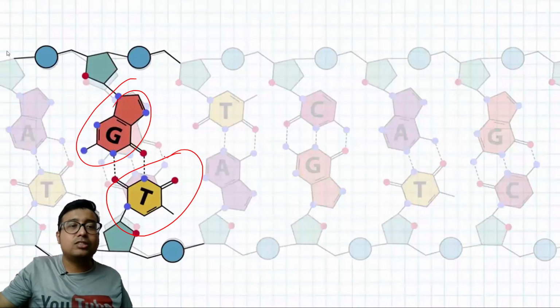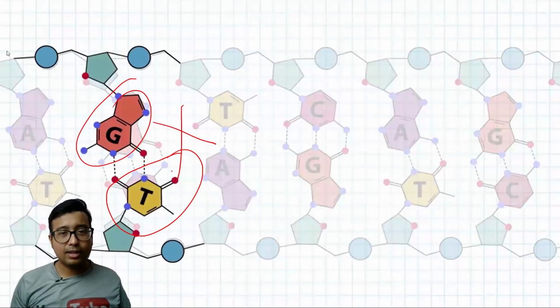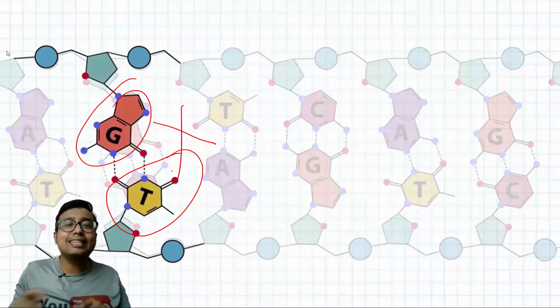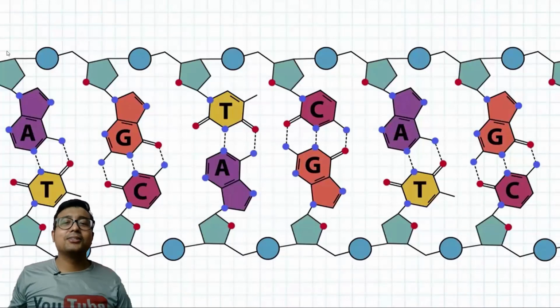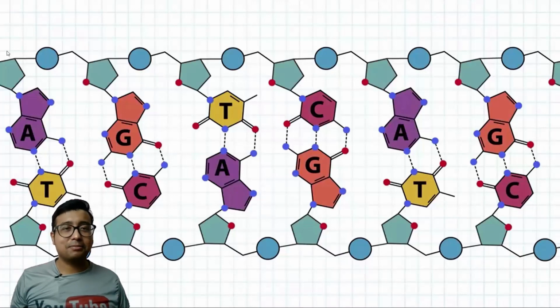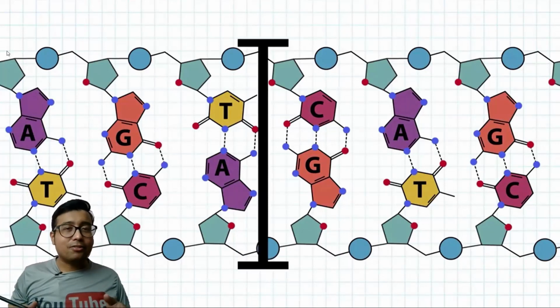So this G and T pairing will never happen. So the rule is A with T and G with C. You can see these are the non-covalent bonds that make up the DNA molecule along with the covalent backbone of phosphodiester bonds.